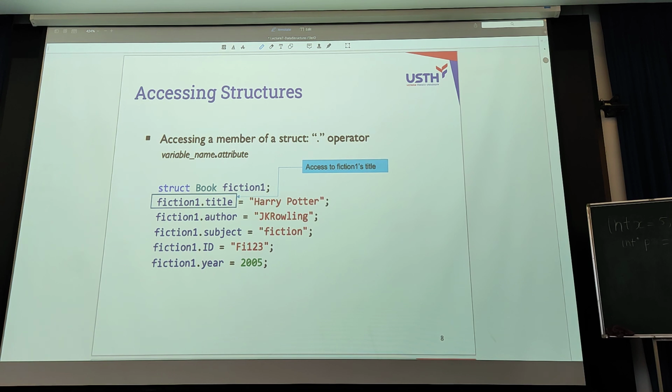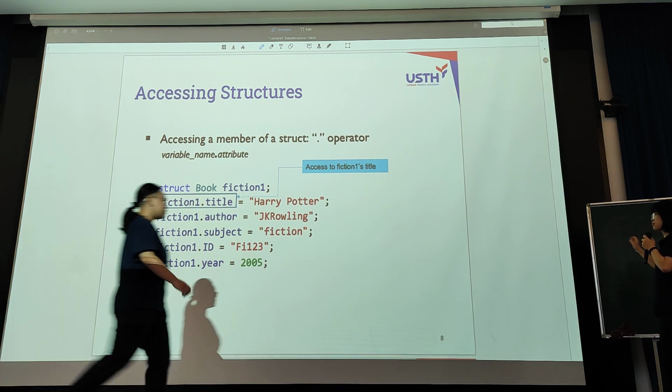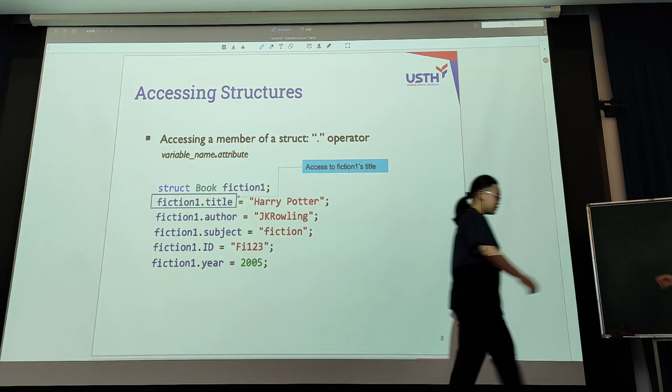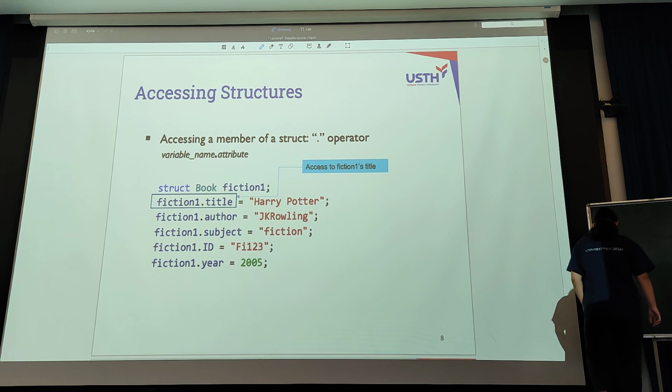Okay, that's good. Come on. Write down a line of code. You can write here. No, just a line of code to print out the title of fiction. You have a choice.